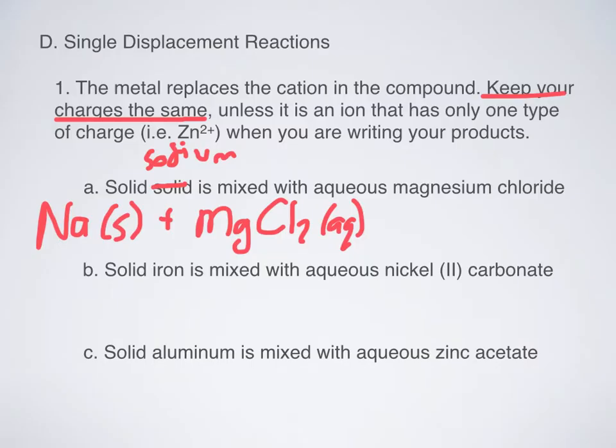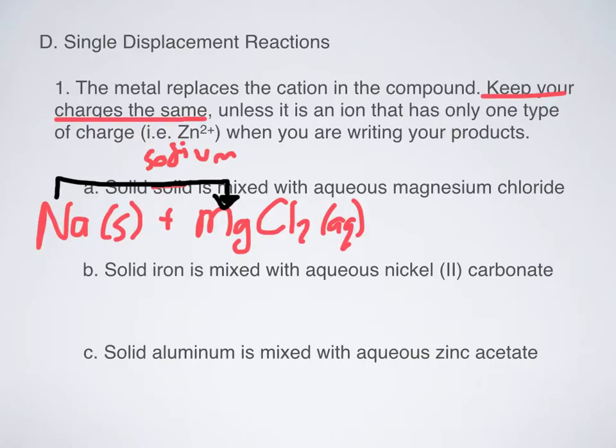All right. So what am I doing? Well, I'm going to be replacing one metal with another metal. So I'm going to take my sodium and I'm going to put it over where magnesium is. And it says, remember, try to keep your charges the same unless it's an ion that has only one type of charge. So here's the thing, magnesium's a 2+, sodium is always a +1.